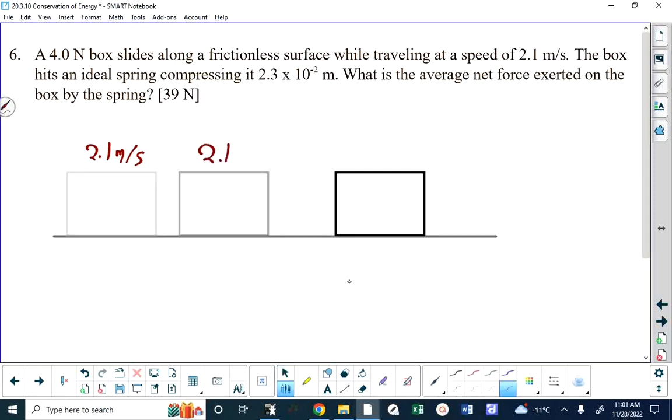That means, since it's frictionless, that it continues with that speed as it's moving along the incline.